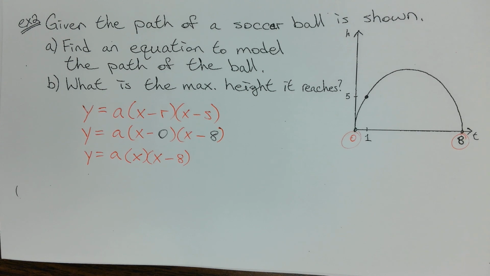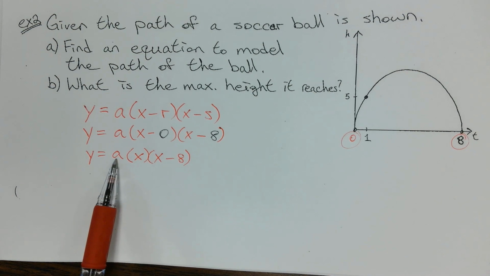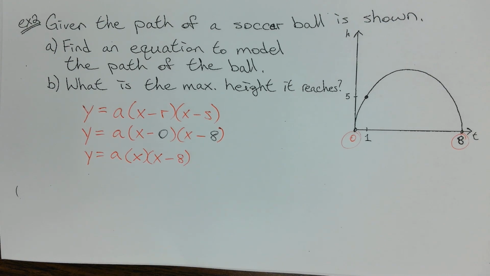All right. So just like yesterday's lesson in vertex form, how do we find out what a is? Based on yesterday's lesson, what did we have to do to figure out what a was?